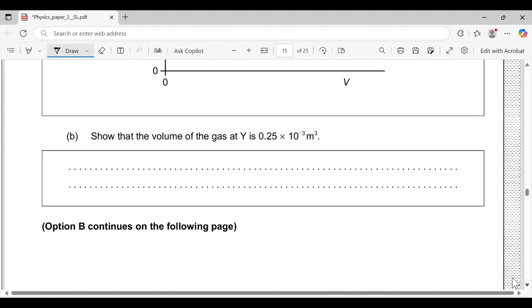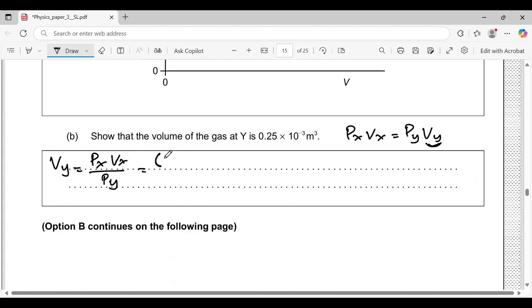Next question. Show that the volume of the gas at Y is 0.25 times 10 to the power minus 3 m cubed for an isothermal process. The ideal gas law gives us that Px times Vx equals Py times Vy. We are going to find Vy, so we rearrange this formula with Vy as the subject. Vy equals Px Vx over Py.